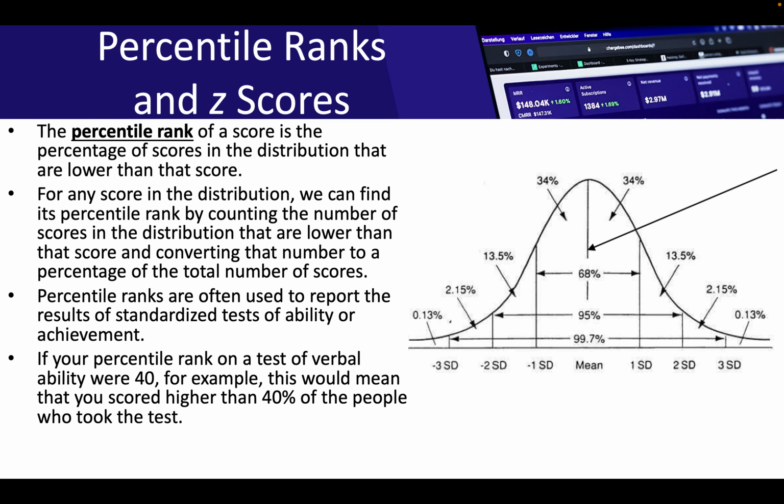If your percentile rank on a test of verbal ability were 40, for example, this would mean that you scored higher than 40% of the people who took the test. And if you've ever had an SAT test, that's the way it was reported out. You're in the 95th percentile, or you're in the 50th percentile, or you're in the 75th percentile.